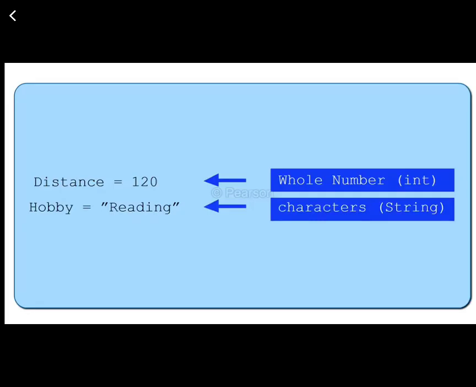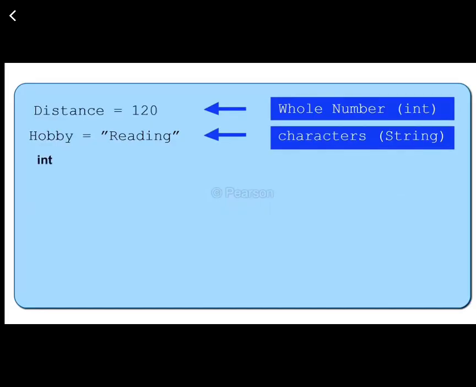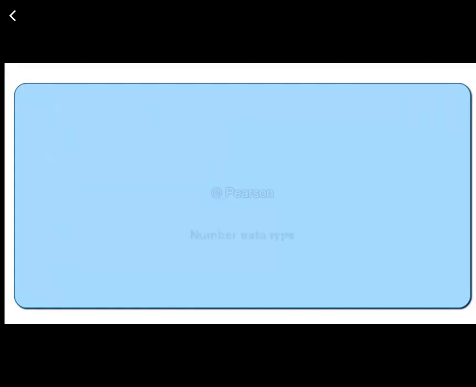Likewise, Python supports a number of data types such as int, float, string, list, tuple, set, and dictionary. Let us first see what a number data type is. A number data type can store both positive and negative numbers.